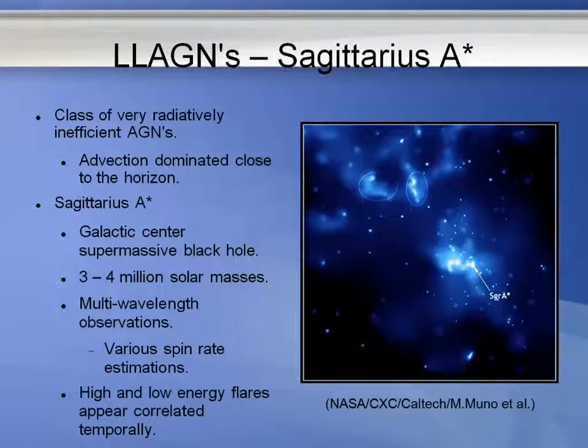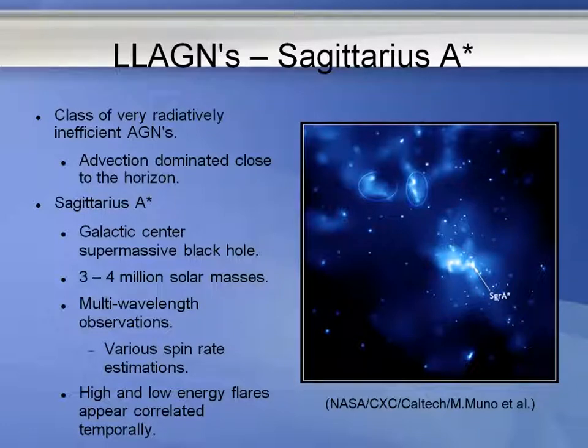The main reason that these are called low luminosity AGNs is because they're very radiatively inefficient, which means that whereas the maximal possible efficiency for an AGN would be somewhere along a few percent, that is, a few percent of the energy of these particles would be radiated when falling into the black hole. In this case, because of the radiative inefficiency, most of the radiative energy is lost to the black hole before it's allowed to be released.